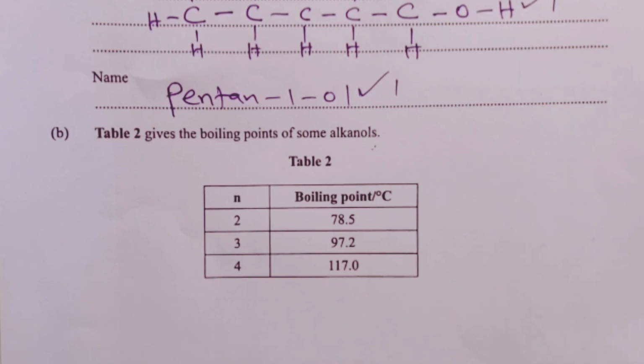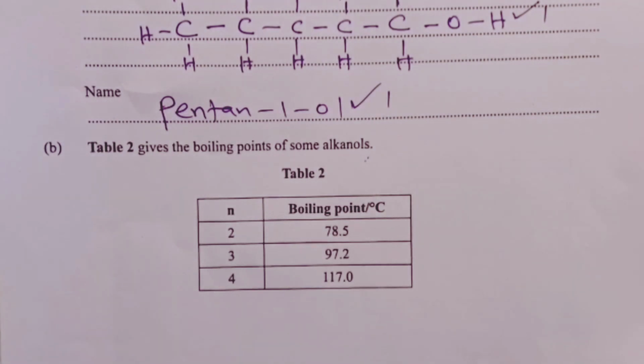We were then expected to draw a graph of boiling points of these alkanols against the number of carbon atoms in their structure, represented by letter n.